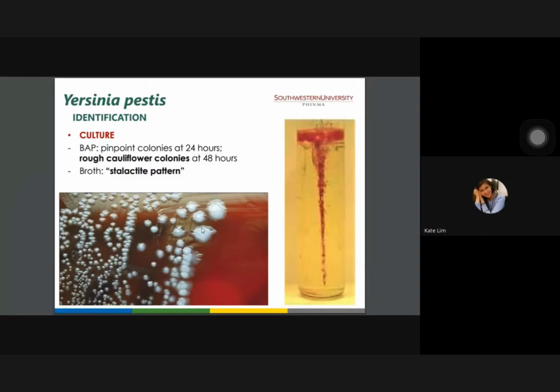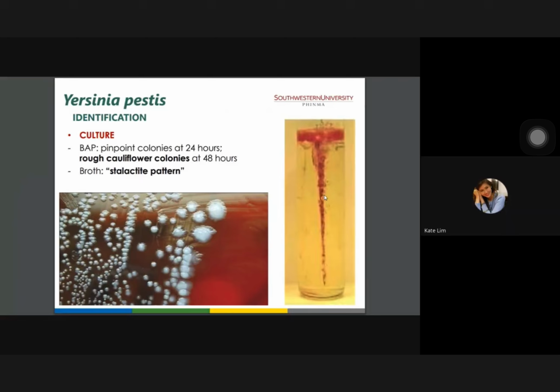How about in your broth culture? In your broth culture, Yersinia produces a stalactite pattern. Stalactite, what does this mean? This means that the growth in the broth forms structures hanging down like stalactites in a cave, if you're familiar with stalactites. So this is your broth culture.